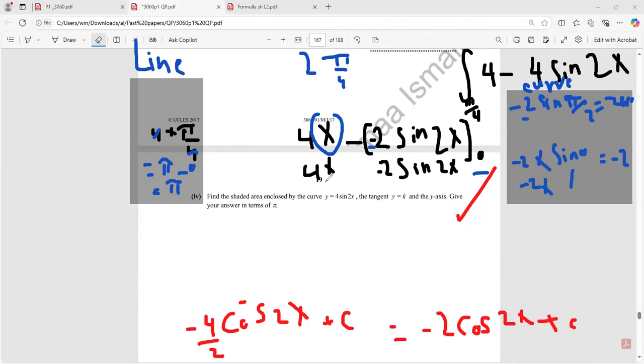So the area will be pi from the line minus the curve, which is minus 2, and we did it.